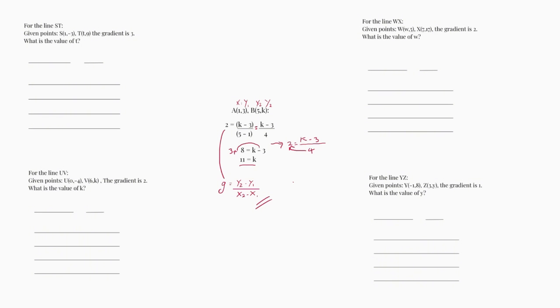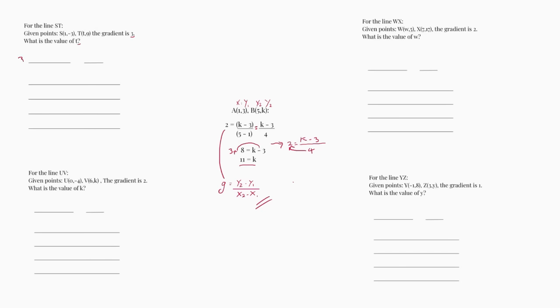So this question asks for the line ST, given points S is 1, minus 3 and T is t, 9, the gradient is 3. It's asking us to find out what the value of t is. Well, we know what the gradient is, and we know what our formula is. So let's use our formula.